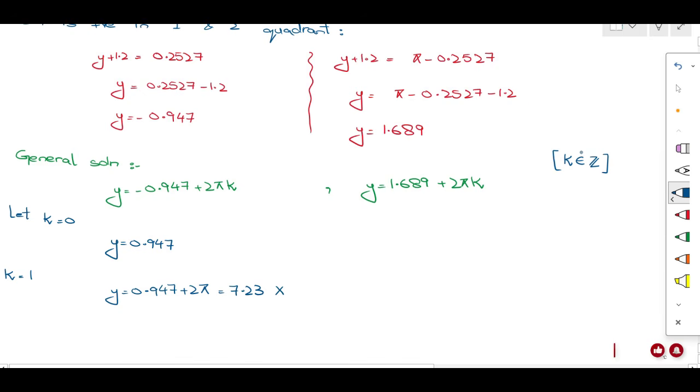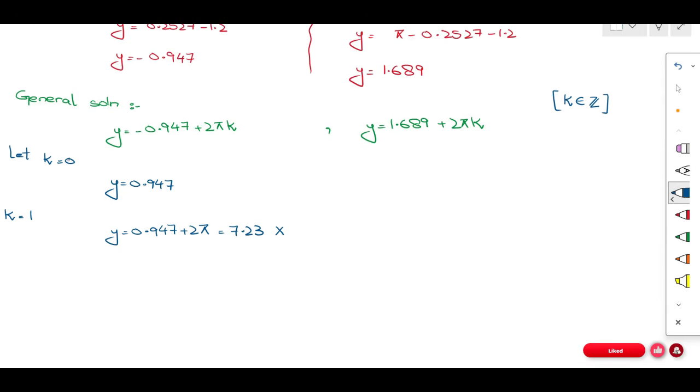So we are not going to add, we are not taking the positive numbers. Let's take the negative numbers. So let's take k equals -1. To get all the desired solutions, that is why we have to use the general formula. It is better to use it every time to get all the desired solutions, right? Okay, now y should be equal to 0.947 minus 2 pi.